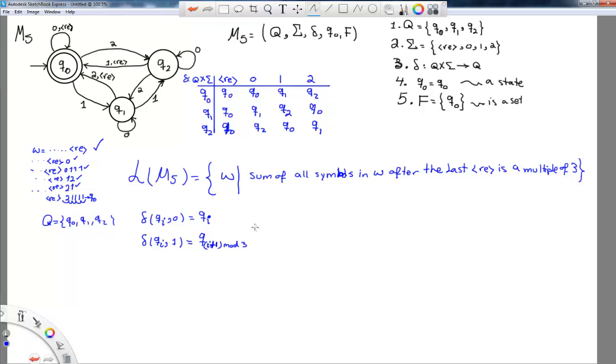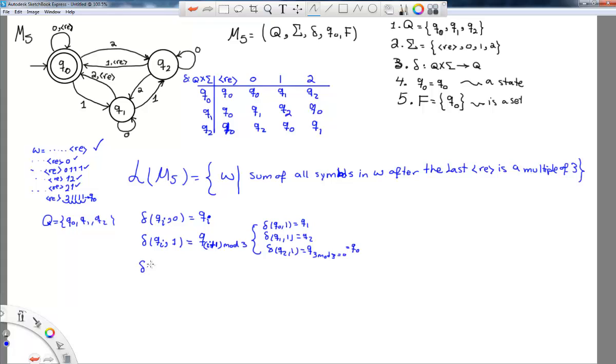In fact, let me branch this out for you. Delta of Q sub 0 and 1 is going to be Q sub 1. Delta of Q sub 1 and 1 is Q sub 2. Delta of Q sub 2 and 1 is actually Q sub 3 mod 3, which is 0. Therefore, you end up at Q sub 0. And this column represents that.